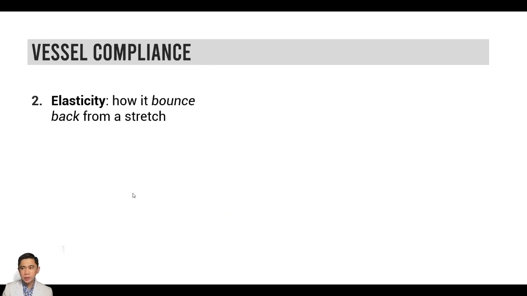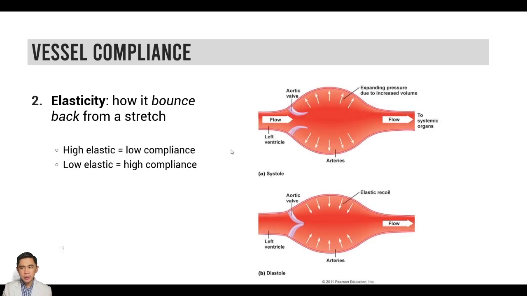Then there is another term, elasticity. Elasticity is how a vessel bounces back from a stretch. If you take a look at this image, let's say this is a balloon and we put some additional fluid into it. The manner in which it stretches will tell us its compliance, and the manner in which it stretches back tells us its elasticity.